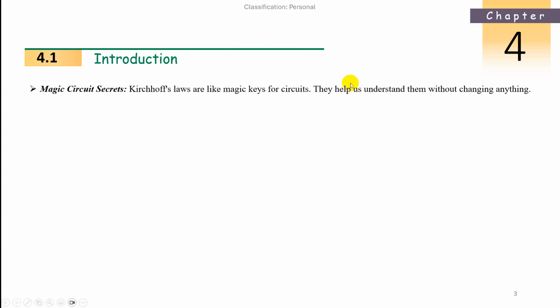Because by using these laws, without changing anything in the circuit, if a circuit with some resistances and sources is given, we can directly get the result of each branch current and node voltage without modifying the circuit. That's why Kirchhoff's laws are called the magic secrets of circuits.